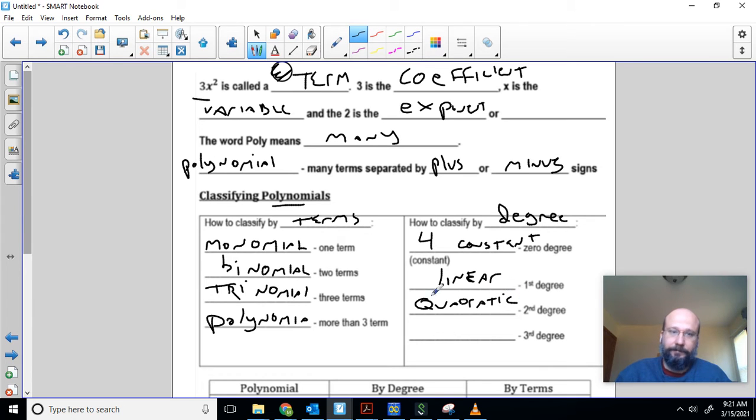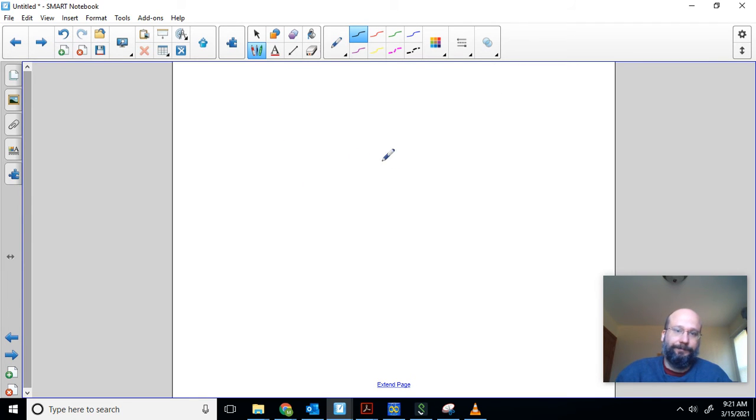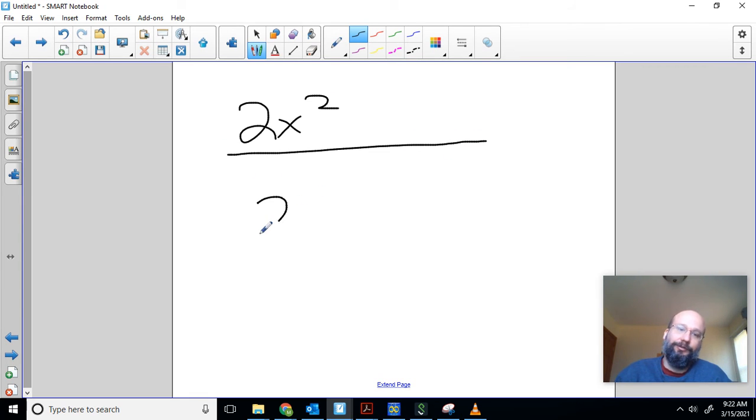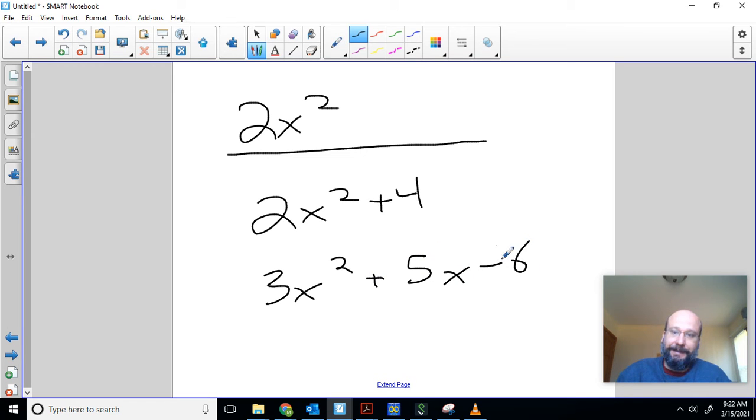So that would be like 2x squared. This is a monomial because it's one term and it's quadratic. If I change this one to 2x squared plus 4, now it's a binomial, but it's still quadratic because the highest exponent is still 2. Again, I could do 3x squared plus 5x minus 6. Now it's a trinomial, but it's still quadratic because the highest exponent is 2.